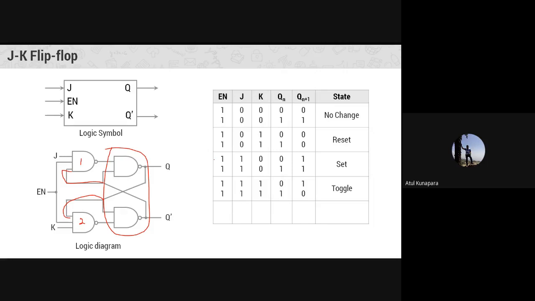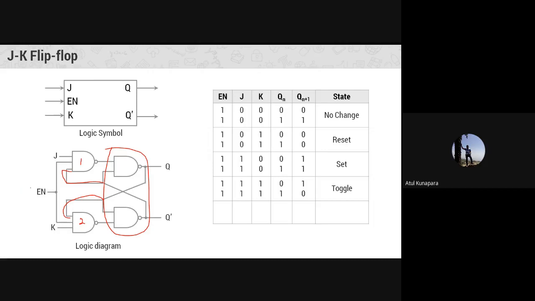Toggle state is that if your output is 0, it will be converted to 1, and if it is 1, it will be converted to 0. Let me just tell you about that.